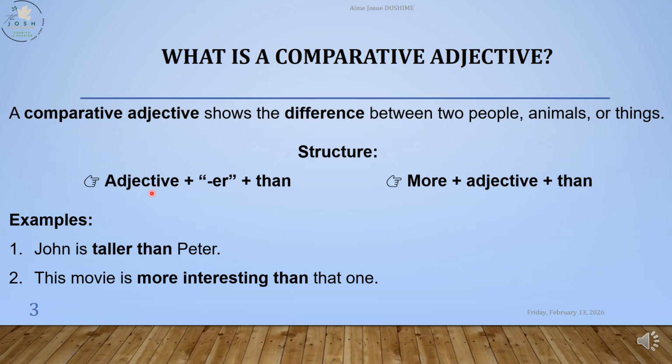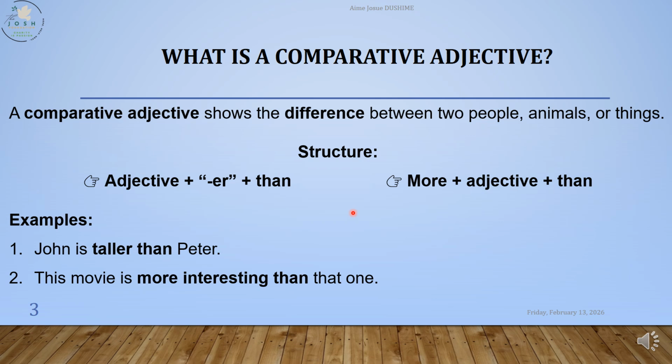We take the adjective, then we add er, then we add than, if it is a short adjective. When I say short adjective, this is an adjective having one syllable. A syllable is like a sound we make when we are speaking. For example, among the one syllable words, we can have tall, big, large, small.